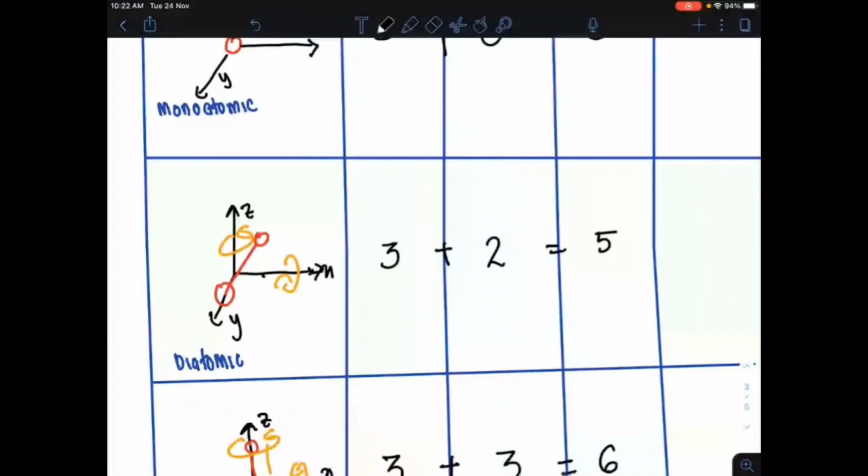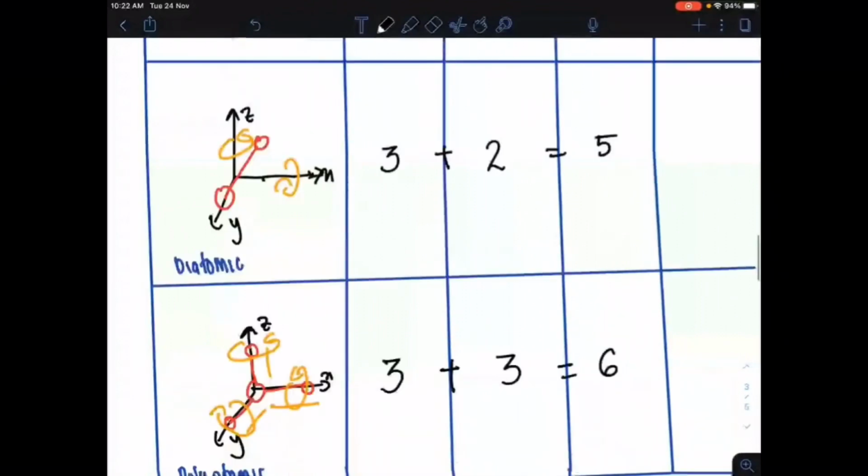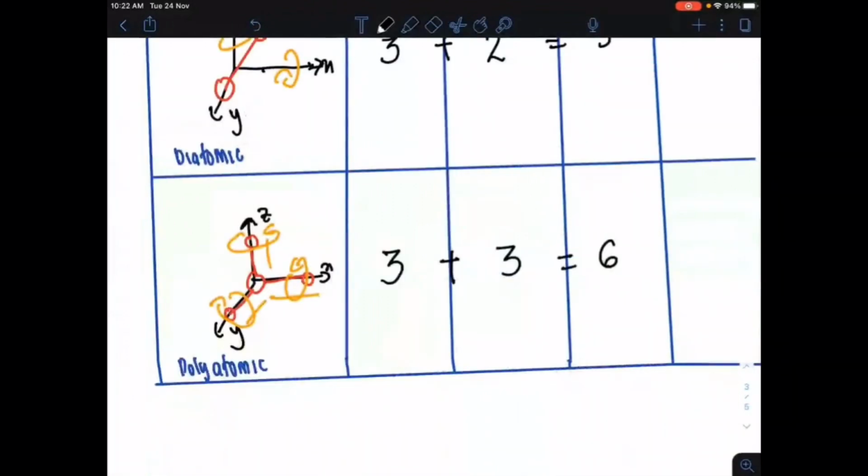And for your polyatomic adalah 3 translational, 3 rotational, maka 6 degree of freedom. So degree of freedom ini you will obtain by summation of the translational dengan rotational motion dia.